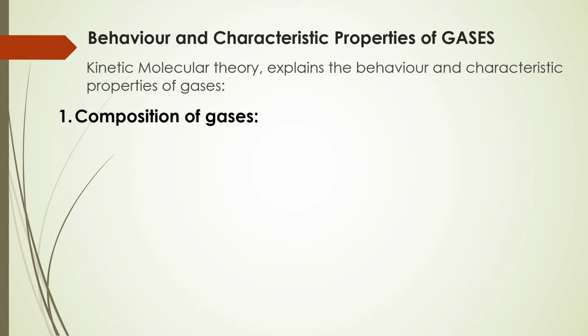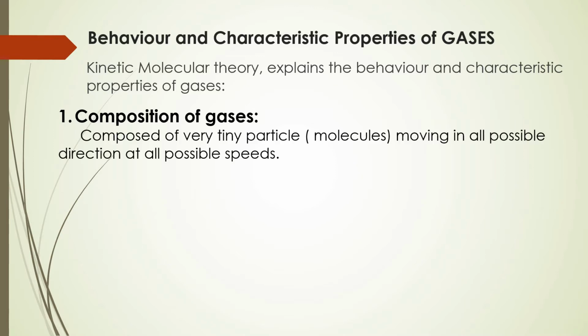The first behavior or characteristic property of gases: one, composition of gases. What makes gases? Gases are composed of very tiny particles, which are called molecules, moving in all possible directions at all possible speeds. So gases are mainly composed of very tiny molecules which move in all directions with all possible speeds.